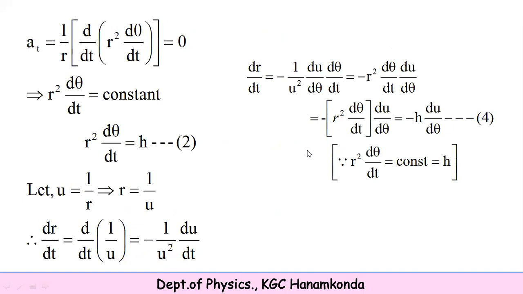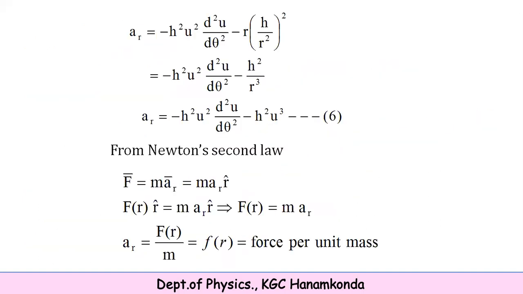Therefore substituting those values in equation 1, we get ar, the radial component of acceleration, equals minus h square u square into d square u by d theta square minus r into h by r square whole square.